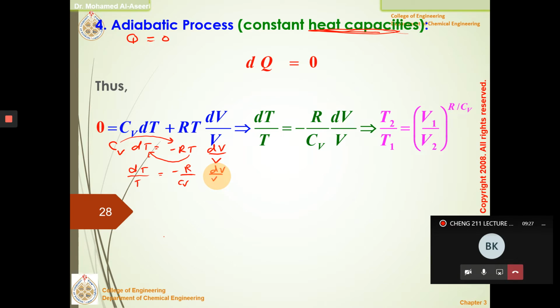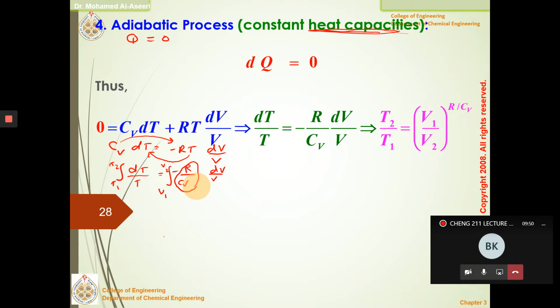Okay, now I will integrate, considering here the integration from T1 to T2, and here the integration from V1 to V2 because I have dV here. Now R over CV by its own is constant. Now, is CV always constant? No. For an ideal gas, CV is a function of temperature only.